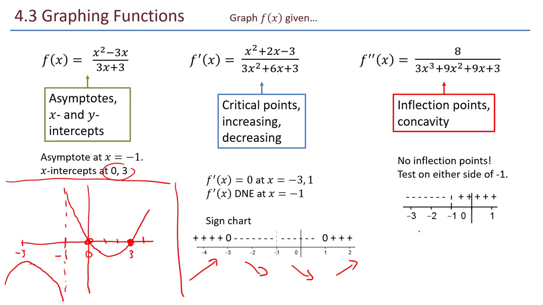And can I confirm this is concave down, concave up? I have concave down and concave up. Yep. So looks good. So there is my very rough estimate, but not bad. An estimate of what the graph looks like using only the tools of calculus.